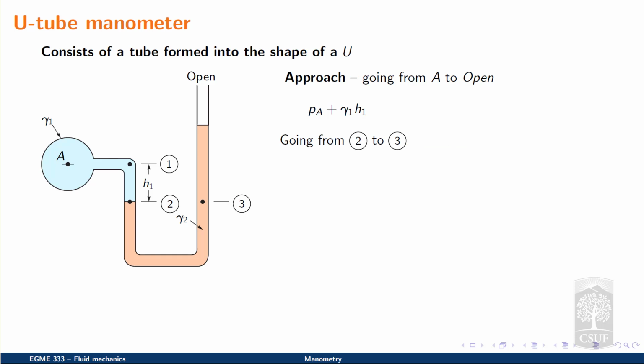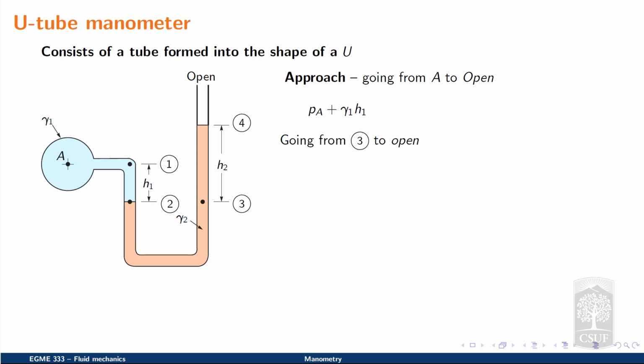From point 2, I'm going to move over to point 3. Again, between point 2 and point 3, they are at the same vertical position and they have the same fluid connecting the 2 points, so they must share the same pressure. So no changes in pressure to the overall quantity yet. Lastly, I'm going to go from point 3 up to point 4 and travel a vertical distance of h sub 2.